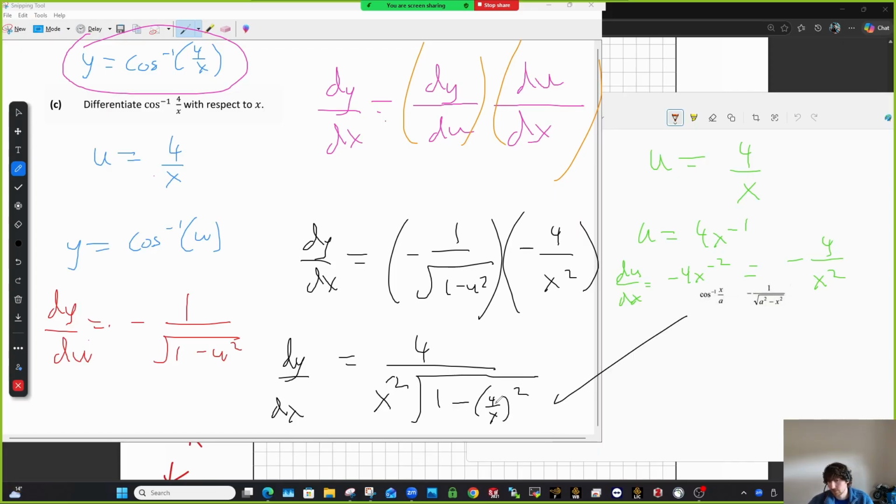And you could tidy that up if you want to call it 1 minus 16 over x squared, but it's just as tidy that way, you know. Yeah, the black thing is the answer.